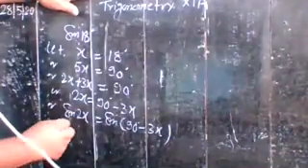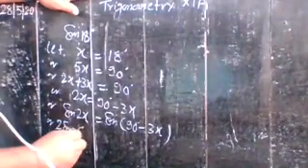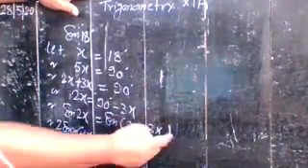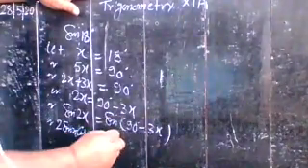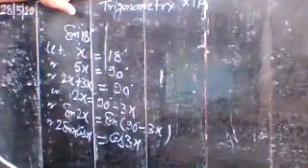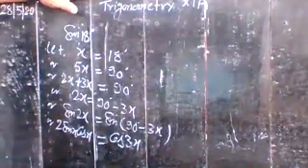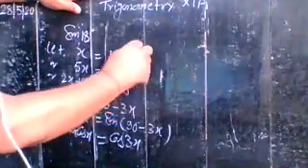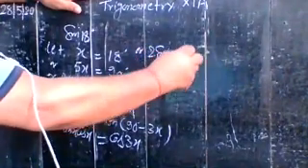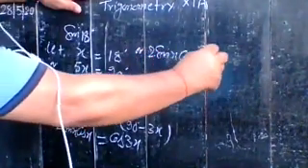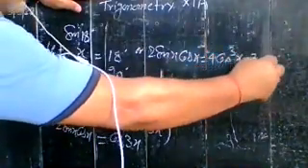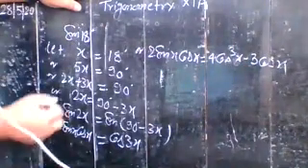Sine 2x is 2 sine x cos x, and sine of 90 minus 3x is equal to cos 3x. And you know the formula of cos 3x. So applying here, 2 sine x cos x is equal to 4 cos cube x minus 3 cos x.